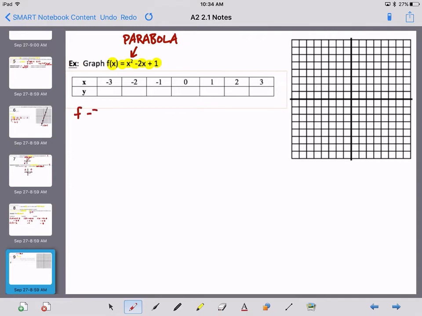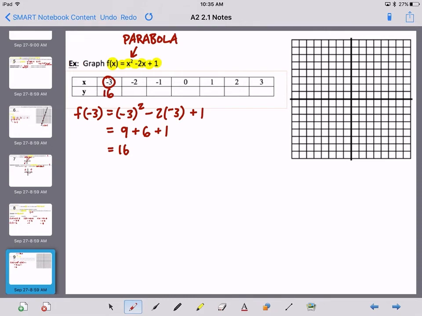So f of -3 means we're going to plug in this -3 everywhere we see x. So we'll have -3 squared minus 2 times -3 plus 1. If we evaluate that, -3 squared is 9. -2 times -3 is +6 plus 1. So 15 plus 1 will give you 16.